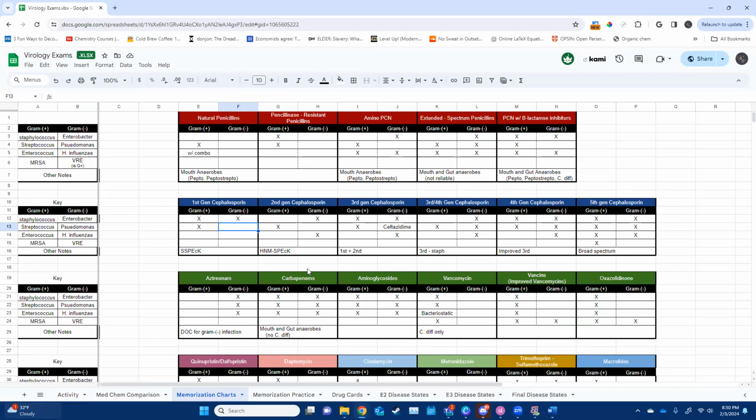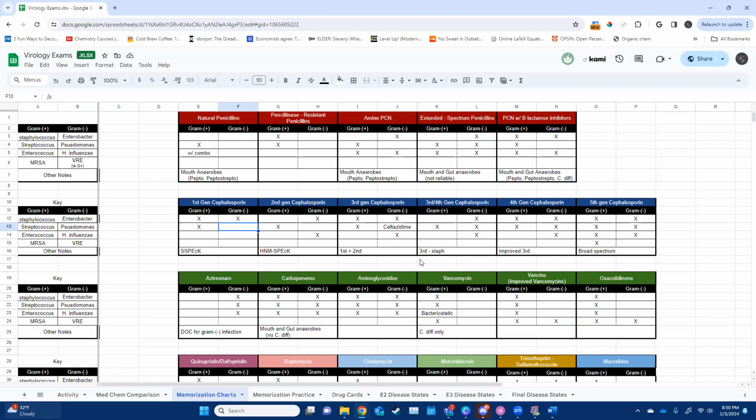Don't come to tomorrow's session without practicing the activity of the drugs. You have to know the activity of the drugs. Tomorrow we're going to do a lot of work where I'm going to give you a bacteria, and I'm going to expect you to be able to pick out which antibiotics will work for different things.